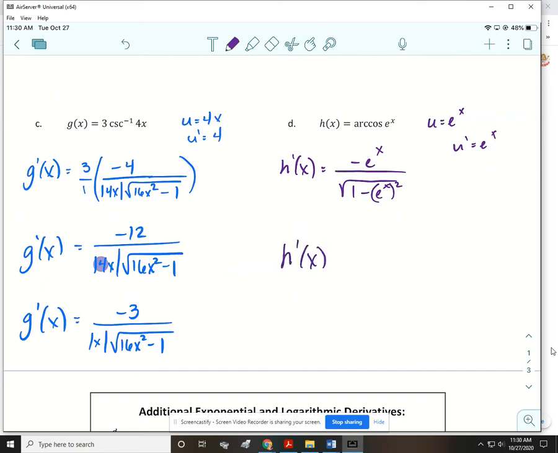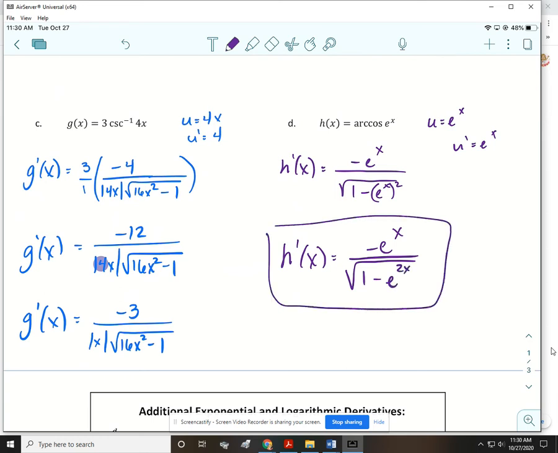All right, and then if you guys remember from algebra, when you square a power, something that's already raised to a power, you just multiply those together. So e to the x squared is e to the 2x. That's your derivative.